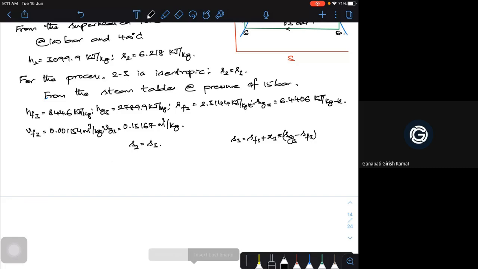So 6.218 is equal to SF3, which is 2.3144, plus X3 into 6.4406 minus 2.3144. From this you find X3, it may be 0.98 or 0.97. Can you just tell me the value?